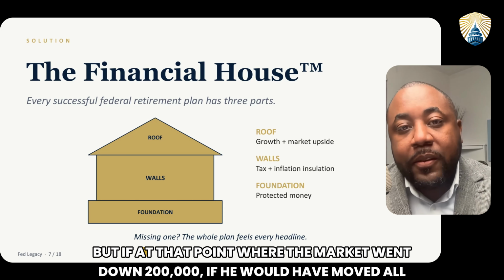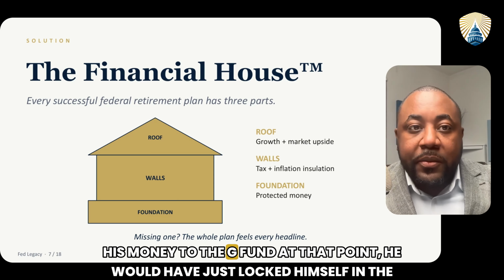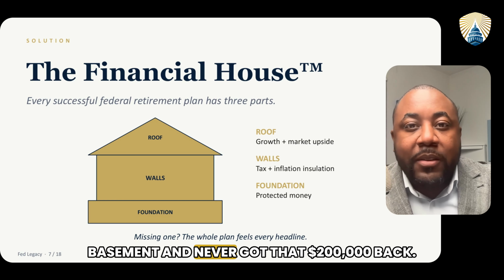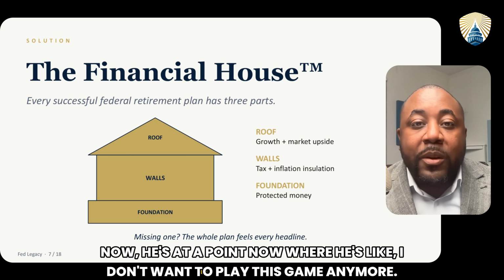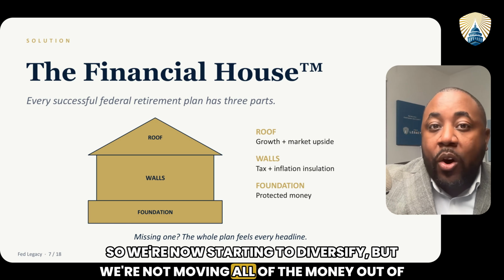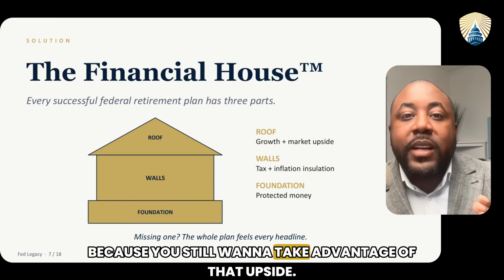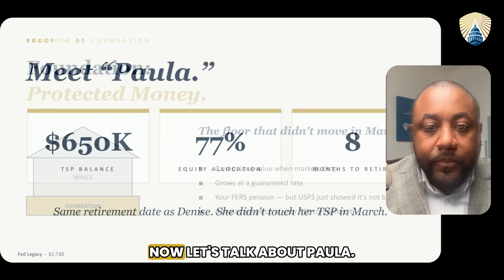But if at that point where the market went down $200,000, he would have moved all his money to the G fund, he would have just locked himself in the basement and never got that $200,000 back. Now he's at a point where he's like, I don't want to play this game anymore. So we're now starting to diversify, but we're not moving all of the money out of the C fund. No way, because you still want to take advantage of that upside. So you want to make sure you have that foundation, the walls, and the roof.